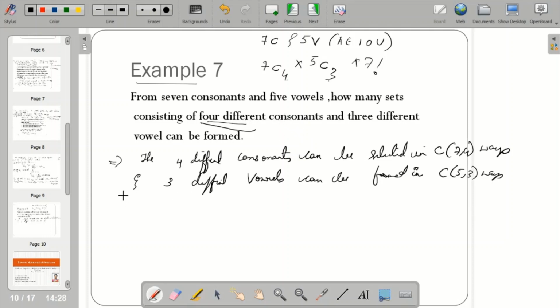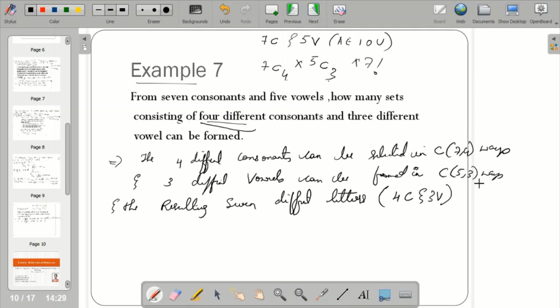So the resulting 7 different letters, that is, the 4 consonants and 3 vowels, can be arranged among themselves in 7 factorial ways. Therefore, the answer is nothing but 7C4.